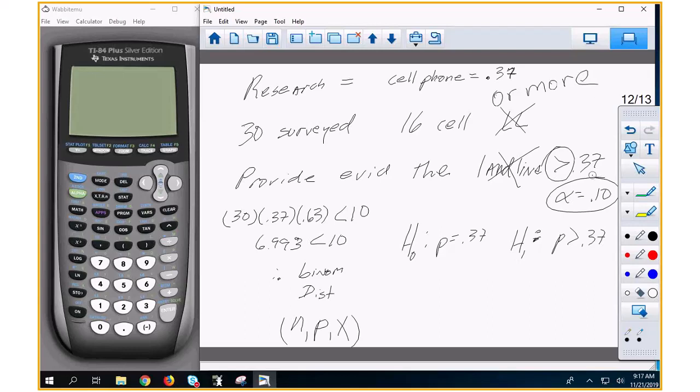Because this doesn't say equal to, does it? So we've got to have 16 or more. The reason we're doing it this way is because this number is so low. I doubt very seriously you're going to have a test question like this. But if you're doing a homework problem and they do it a different way, this may be why.